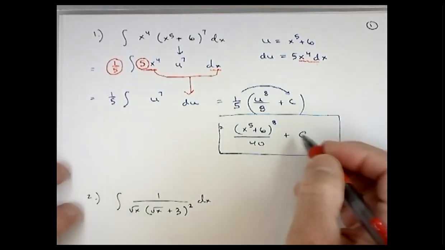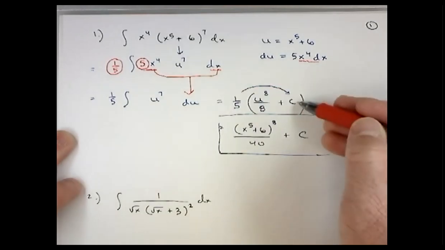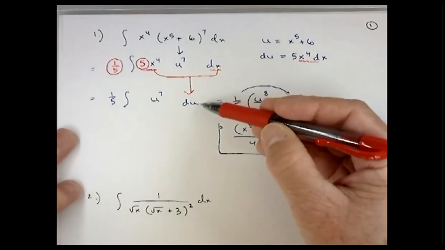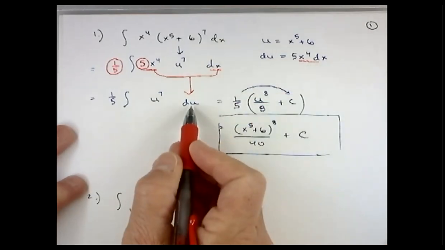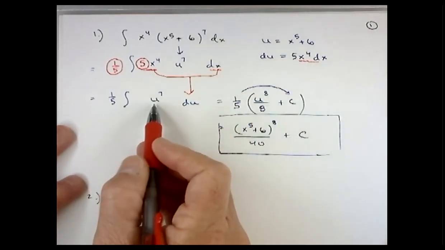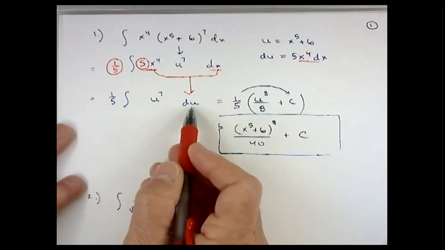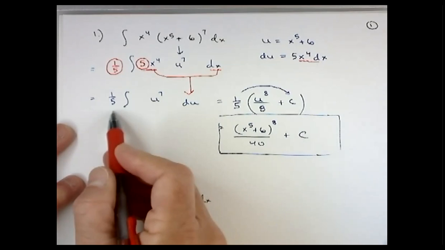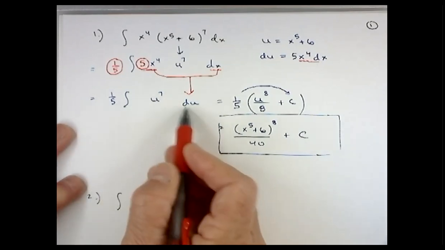Okay, one question asked here is, what happens to this? Does the du automatically become c? Not technically. I mean, you could almost think of it that way. What's going on with the du in this context is all the du is acting as is it's a direction. This right here says find the antiderivative of u to the seventh with respect to u, is how I would interpret the du in this context.